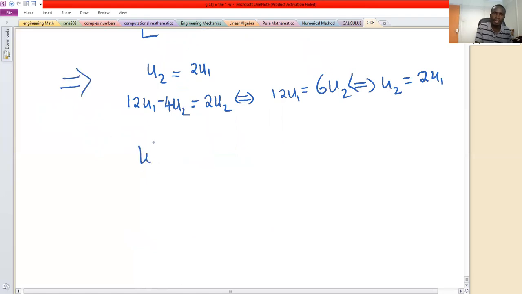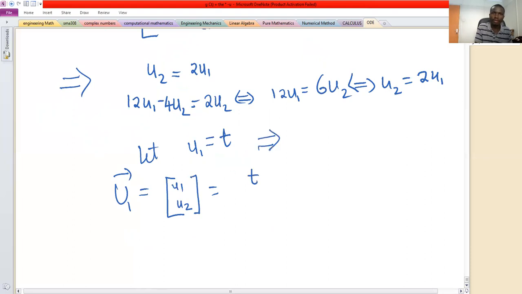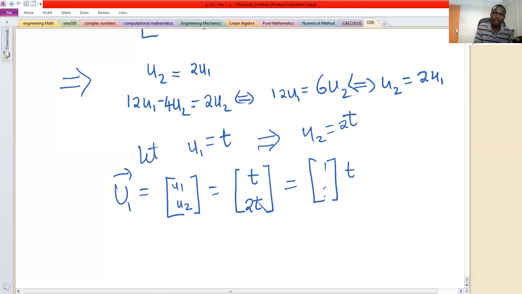So let U1 be T, so that this vector (U1, U2) will be T, and then U2 is 2 U1, so U2 will be 2T. So 2T, and then you can factor out T: (1, 2). Remember this T is any non-zero real number.